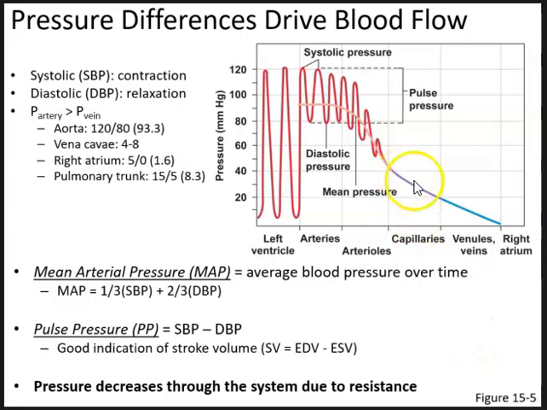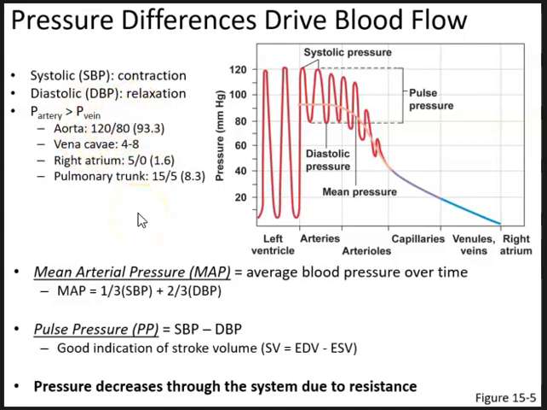We see that venous blood flow is steady rather than pulsatile, pushed by the continuous movement of blood out of the capillaries. So pressure in the artery is greater than pressure in the veins, and we can compare the mean arterial pressure in these different vessels. So within the aorta, for example, we can get the mean arterial pressure from the systolic blood pressure and the diastolic pressure.